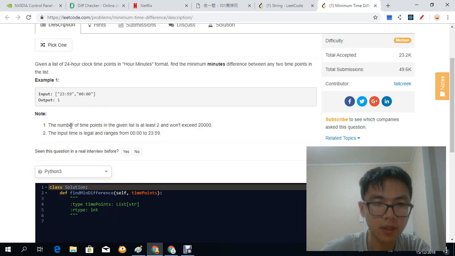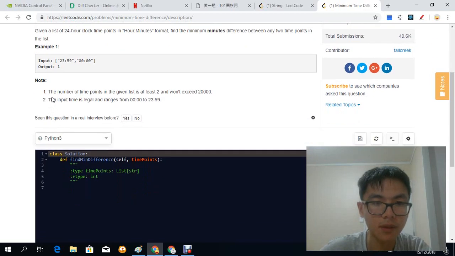Note the number of time points in the given list is at least 2 and won't exceed 20,000. The input time is legal and ranges from 0 hour 0 minutes to 23 hour 59 minutes.